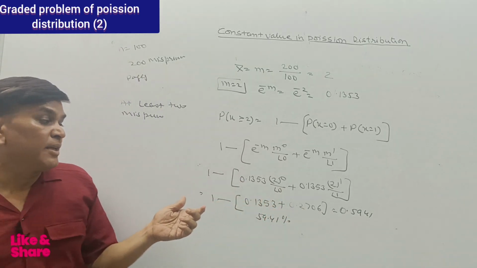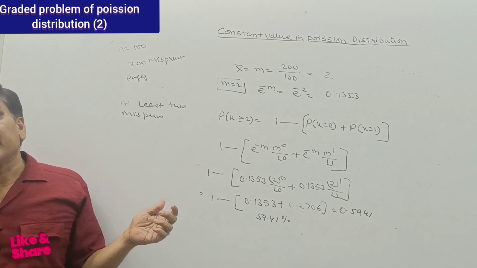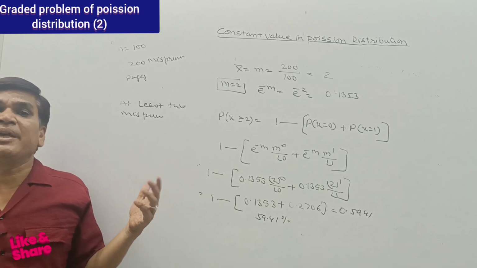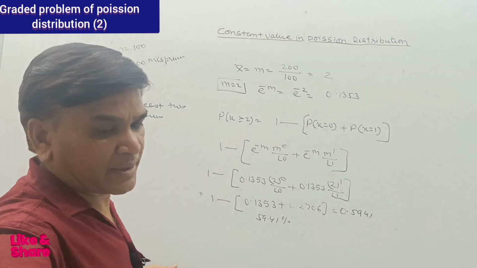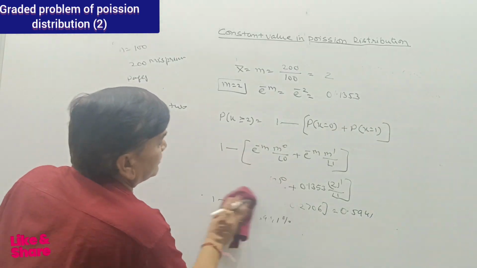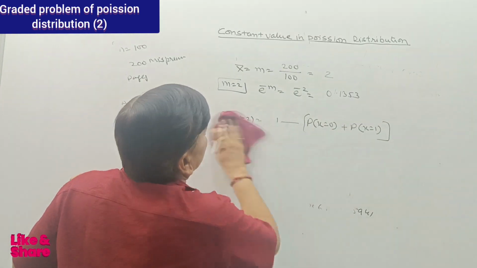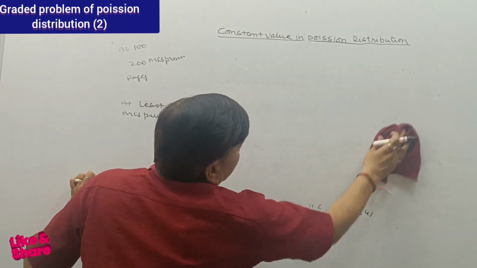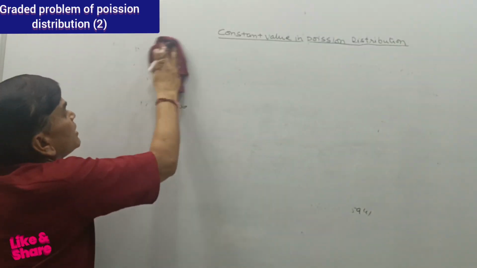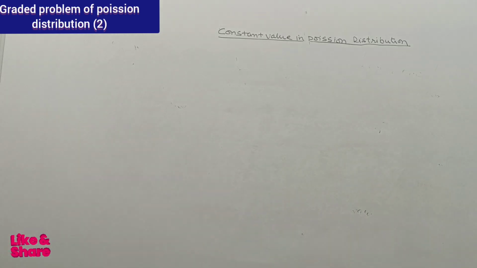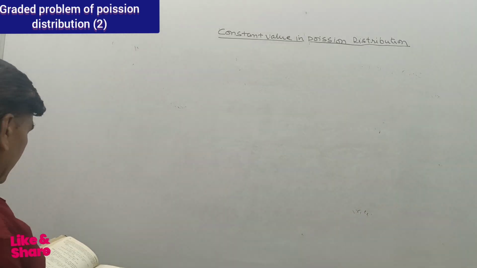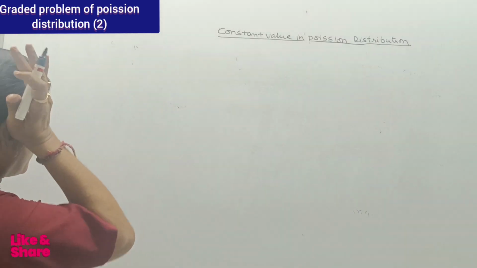So the remaining 59.41 percent may have 2 or more than 2 defects. Next question, one more question related to the Poisson distribution. So it's very easy. In Poisson distribution, you should follow what the question is saying, then you can solve the question, no problem at all.